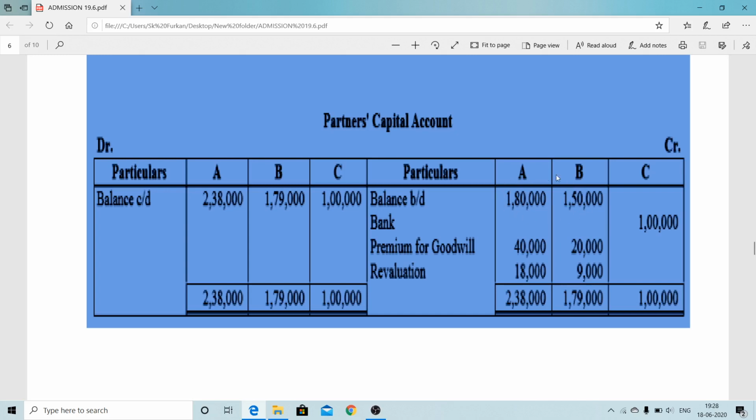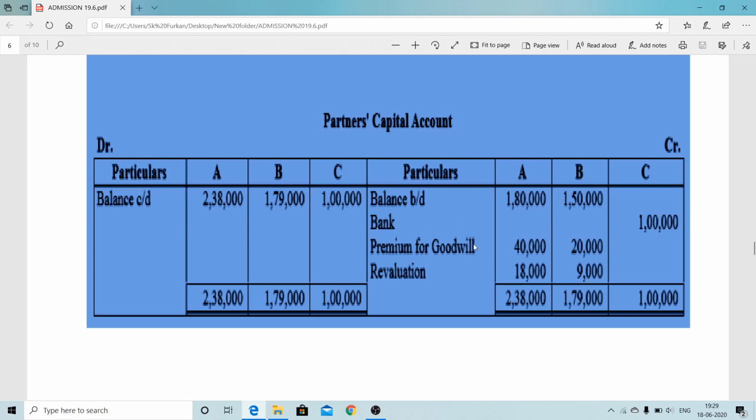That is the old partners' capital. Opening capital is a positive or credit balance, therefore on the credit side. If it is negative, then we write it on the debit side, but here most of the time we get a positive or credit balance. Now the new partner's contribution, as his capital contribution by bank 1 lakh in C's column. C is a new partner, so by bank. The actual entry is bank account debit to C's capital, therefore reverse posting, by bank.